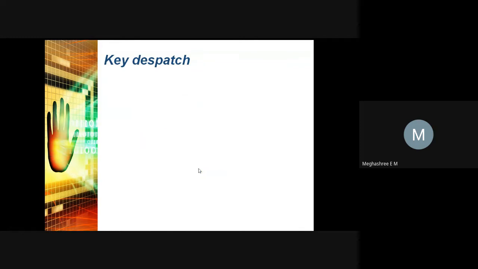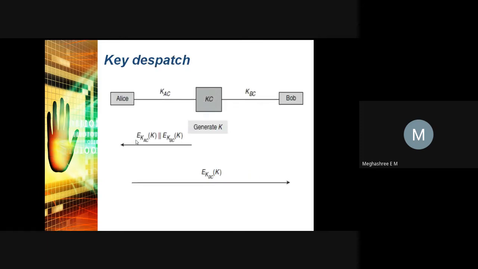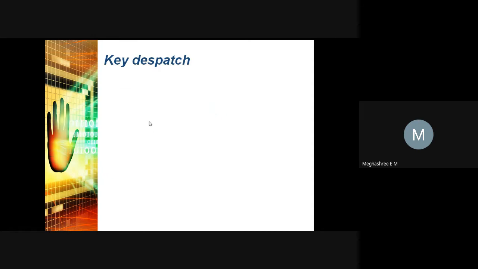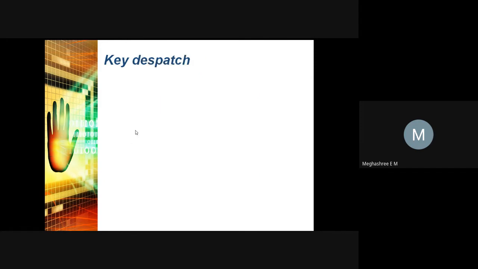In key translation, Alice generates the data key, whereas in key dispatch, the key center generates the data key. So in key dispatch the action starts from the key center, whereas in key translation the action starts from Alice. So that's all in this class.